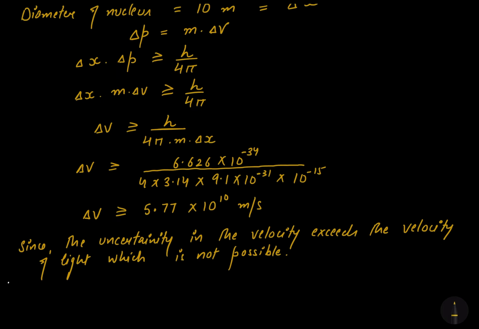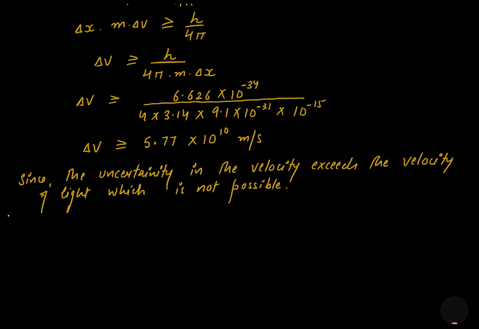So the uncertainty in the velocity exceeds the velocity of light, which is not possible if electron exists in the nucleus. So this proves that electron will not exist in the nucleus.